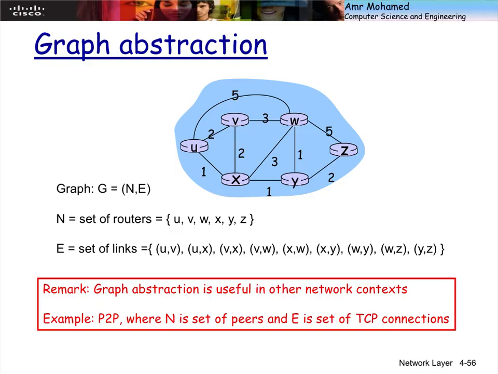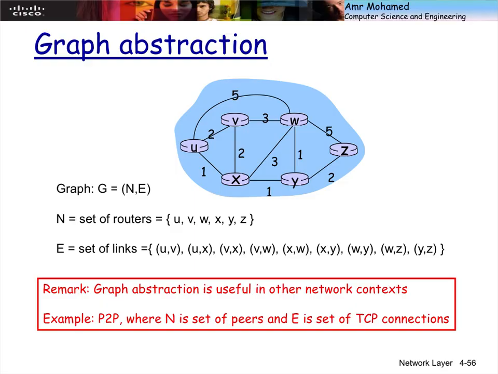Okay, visually we can do it, but we need to do that systematically. We need to have an algorithm that gives us this minimum cost path, and we trust that this is the minimum cost path globally. If I want to reach from U to Z, then this is the path.